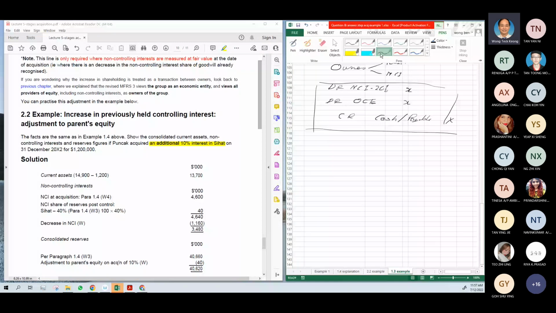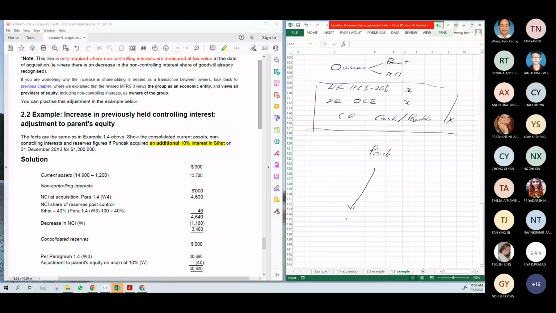So we have 20%. They bought under 60%. Now they buy another 10%. So here you already have an 80% rate.